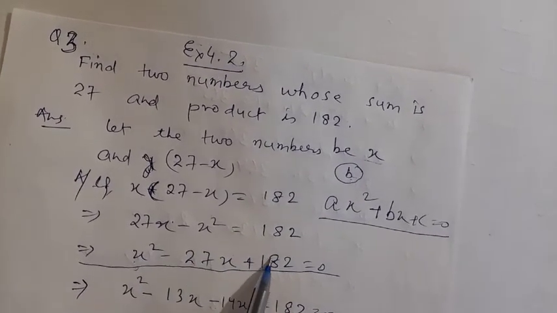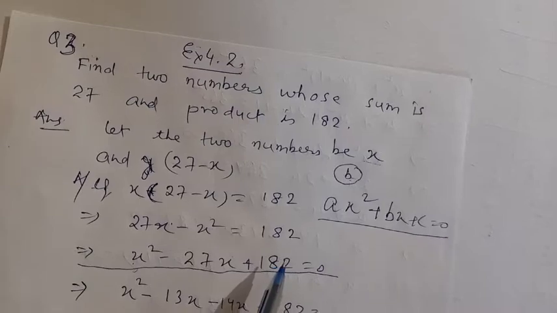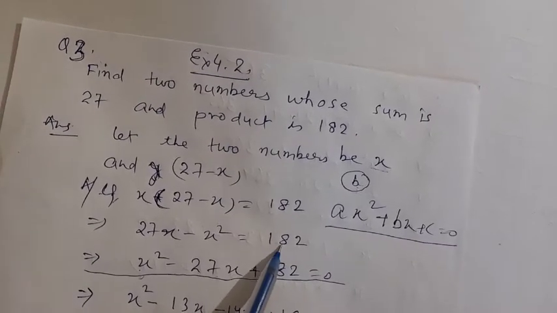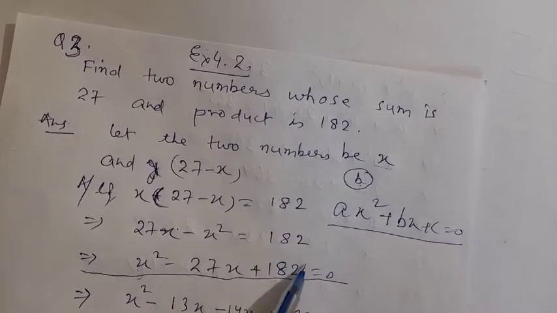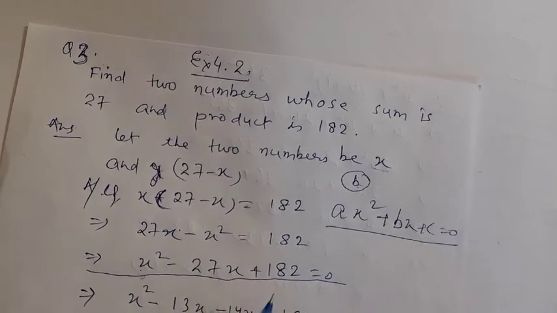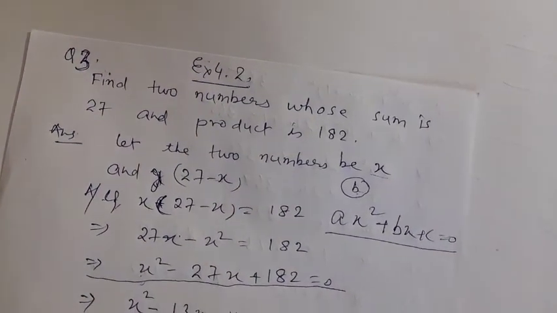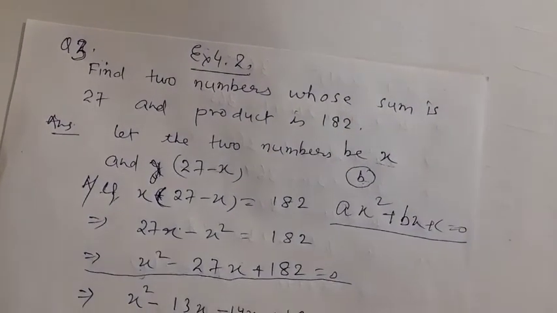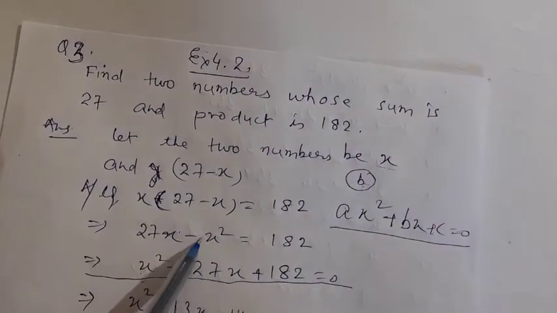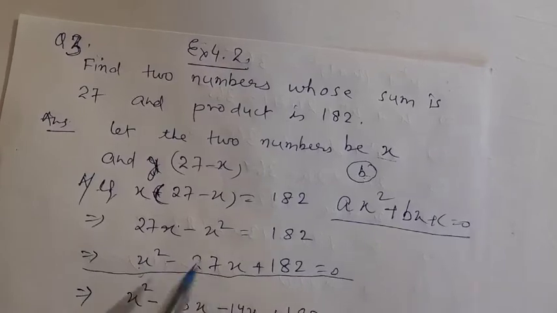Now the numeral coefficient is 182 over here. We have to prime factorize this 182 in such a way that when multiplied, it becomes 182, and when simplified, it becomes minus 27x.